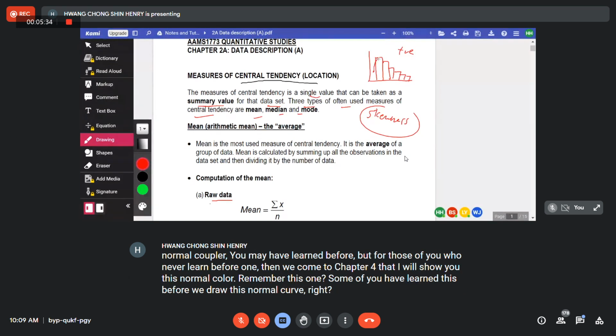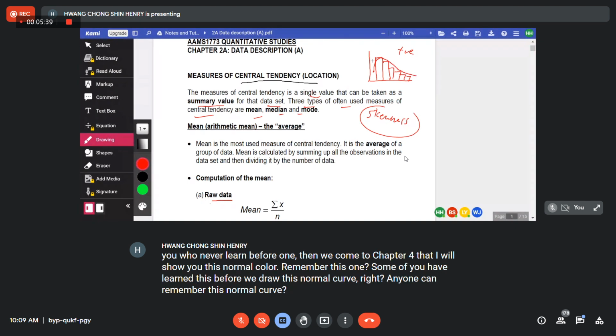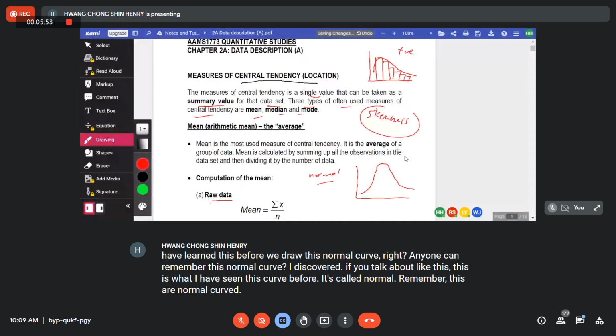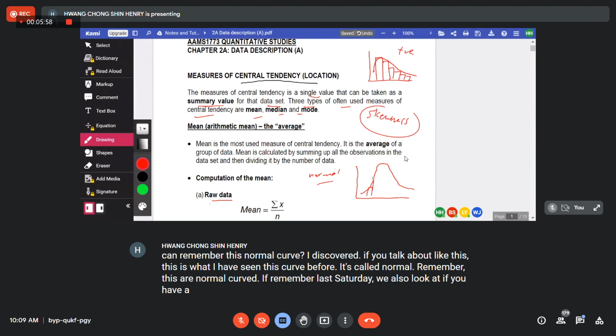Can anyone remember this curve? Have you all seen this curve before? It's called the normal curve. Remember this? If you remember last Saturday, we also looked at a histogram something like this.